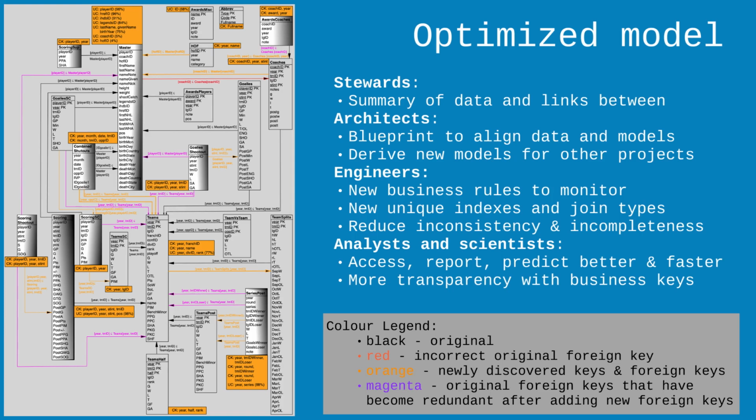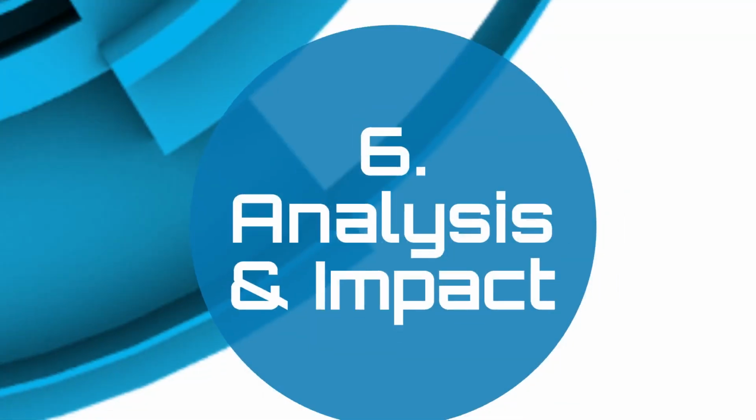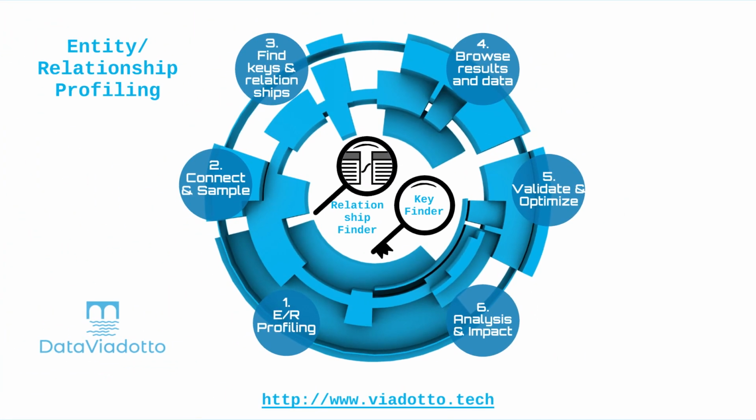They can access data more effectively, write reports with higher quality, and predict better and faster. And it also adds transparency through the use of business keys and natural foreign keys. So altogether, a very comprehensive use case, and it's representative of what entity relationship profiling with our tool can achieve.